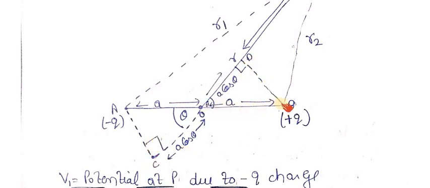Now if this is a and the angle made by the dipole is theta, so in this triangle if you find OD, then what is OD? OD is a cos theta, because cos theta is base upon hypotenuse, that means base is a and hypotenuse is, cos theta means base divided by hypotenuse, right? Now if this is perpendicular, you have to find the base, and this will act as hypotenuse.